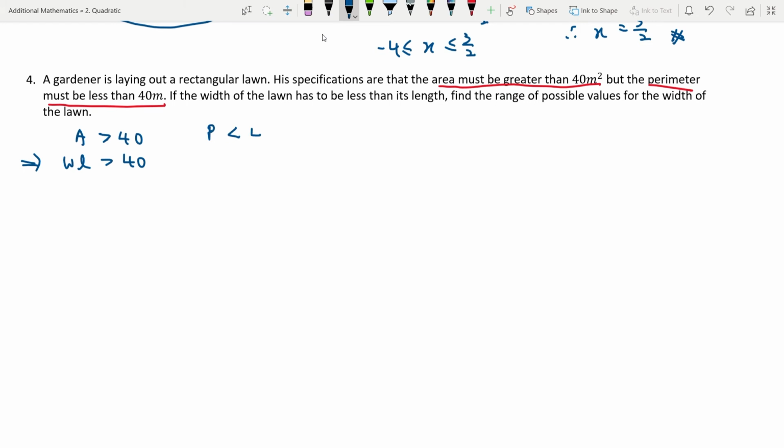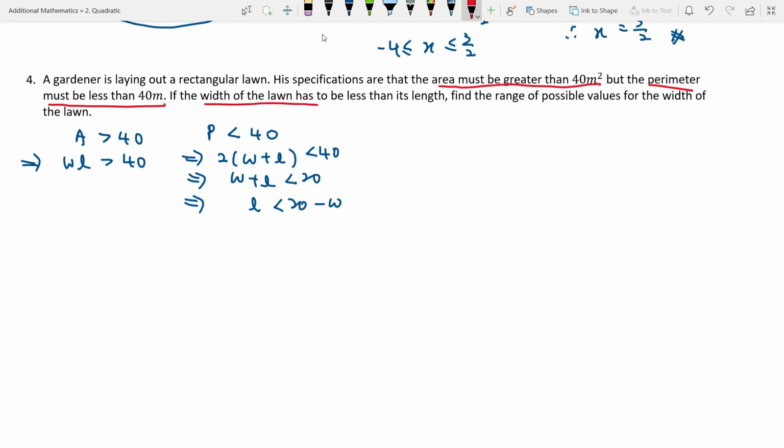Perimeter is less than 40, which can be written as 2 bracket width plus length is less than 40. We simplify it. We will get width plus length is less than 20, and the length is less than 20 minus the width. And the third piece of information, the width of the lawn has to be less than its length. Width is less than length.